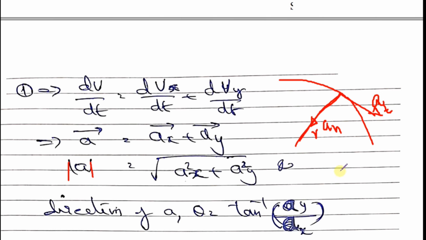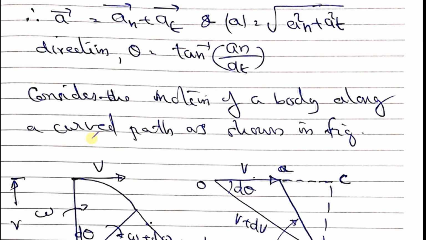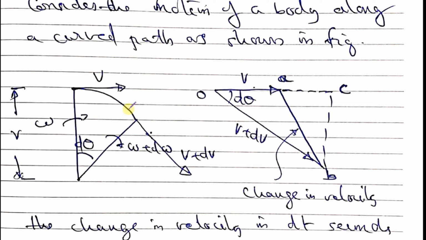Now let us see how we can derive this equation. Total acceleration a is equal to an plus at in vector form, and a is equal to the square root of an square plus at square. Consider the motion of a body along a curved path. This is the curved path along which a body is moving, and this is the velocity at this point, tangential to this path.